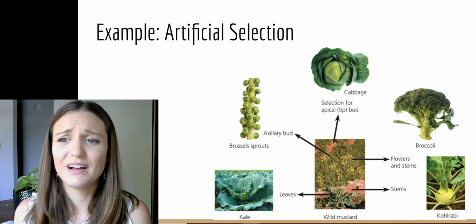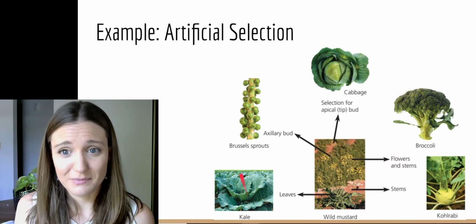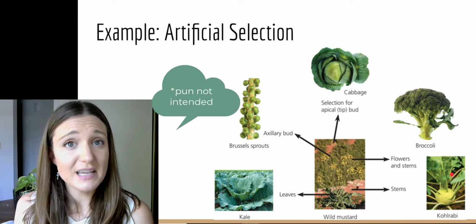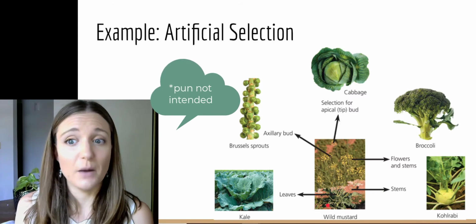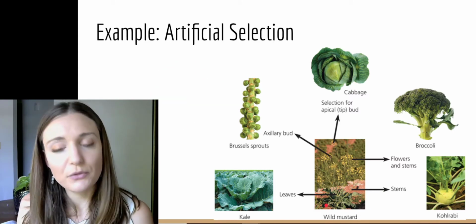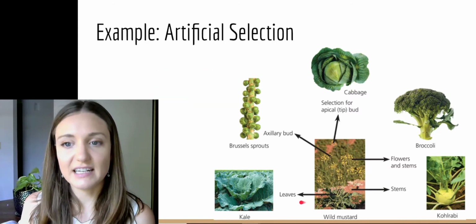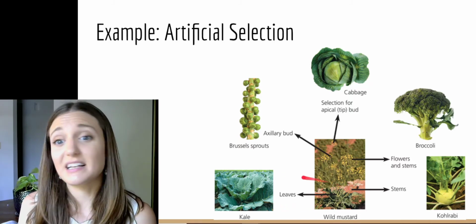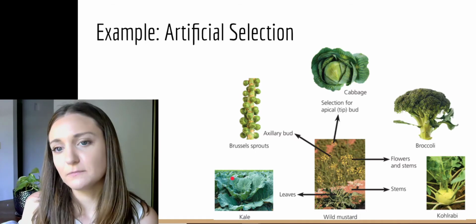So for example, all of these different vegetables, from kale, Brussels sprouts, cabbage, broccoli, kohlrabi, all stem from one common wild ancestor. But throughout time, humans have selected varieties of this wild mustard based on characteristics that they desire, right?